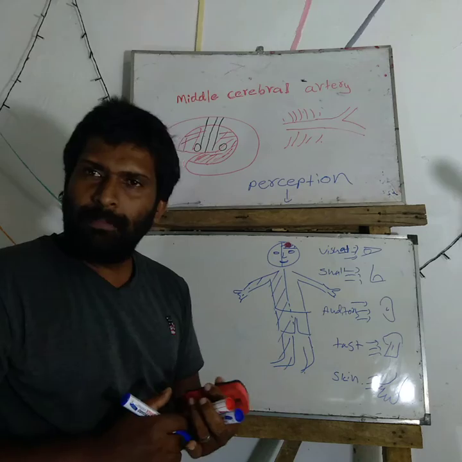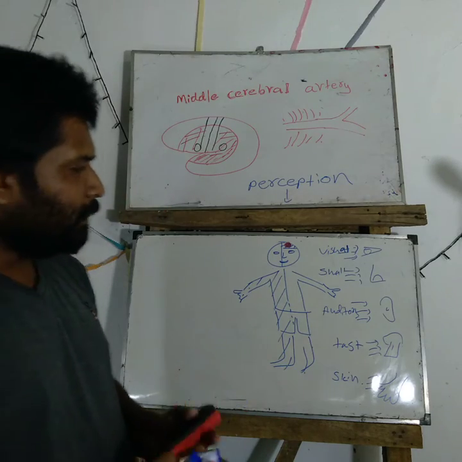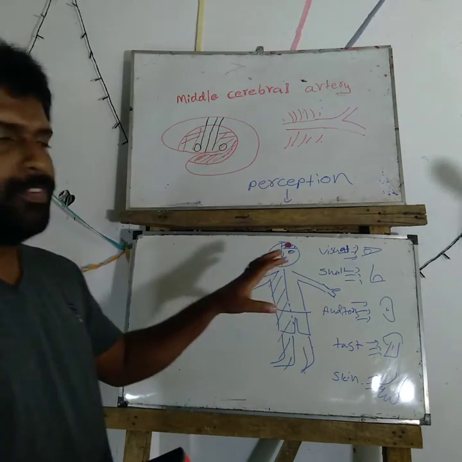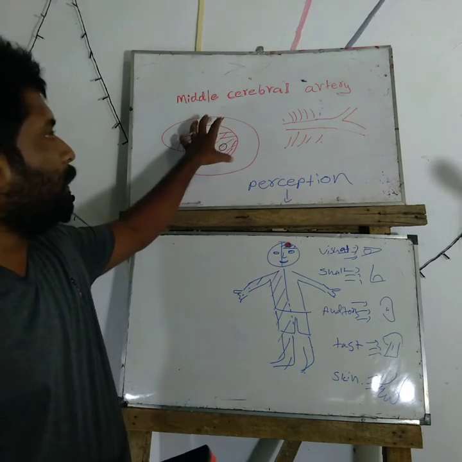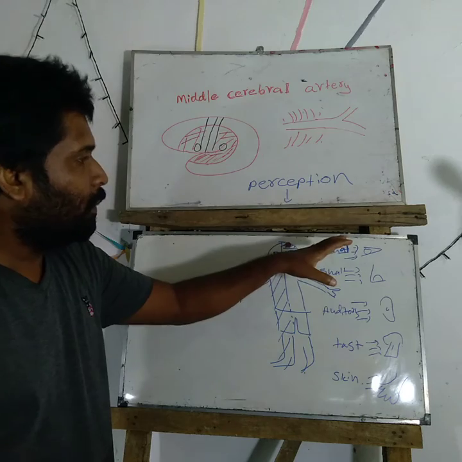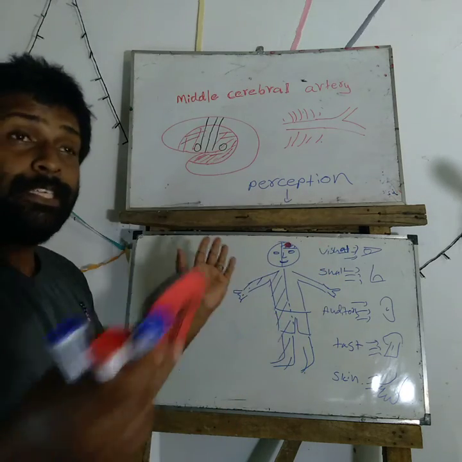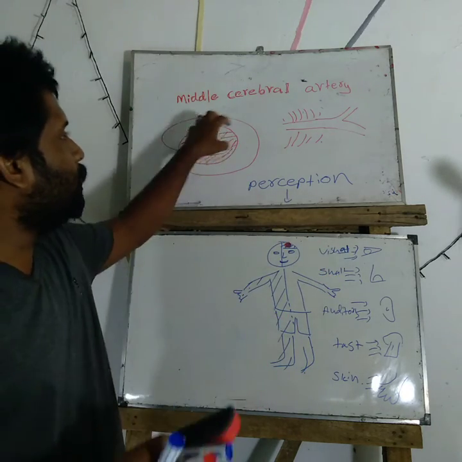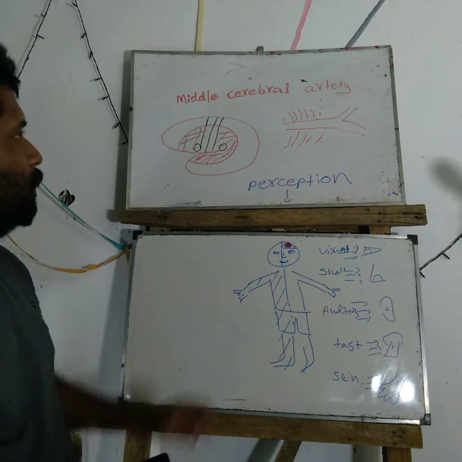This is the environmental stimulation. The gathered environmental stimulation comes to the brain for processing and all learning. These things connect to the brain.